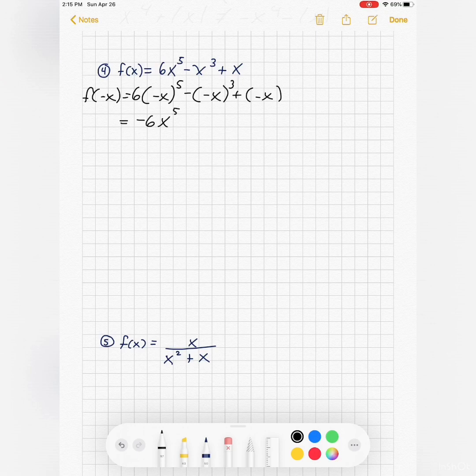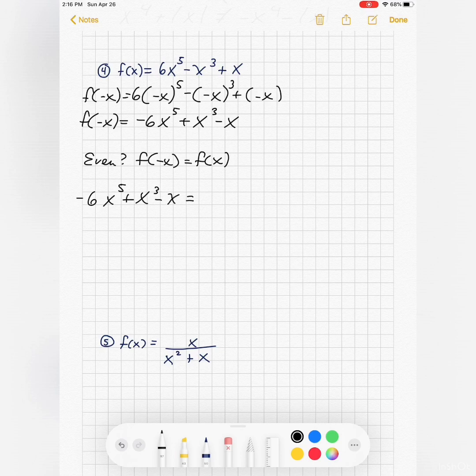Okay, stays negative with the odd power. Okay, now I compare. Okay, f of negative x. That's what I just found. F of x. These are not the same, huh?